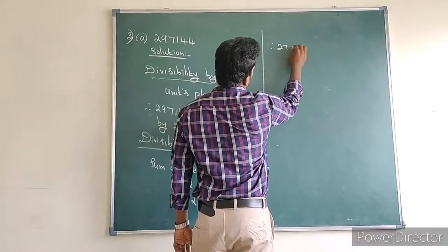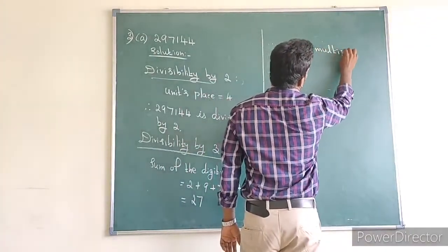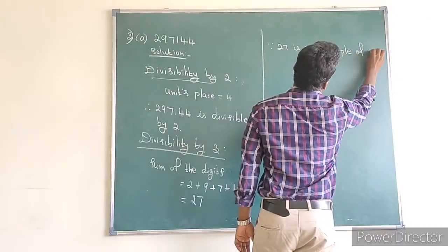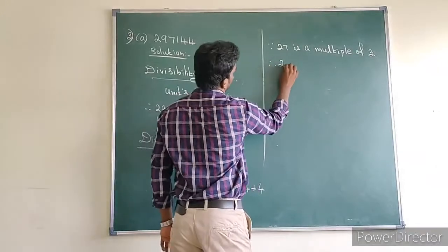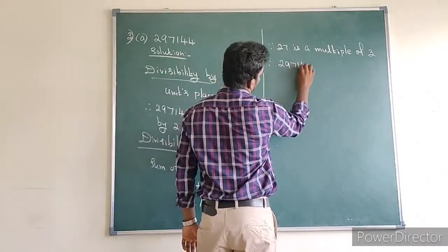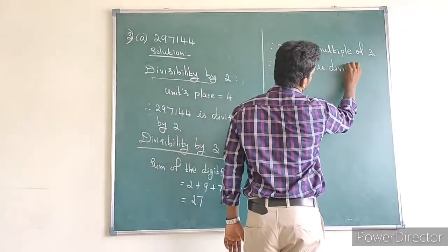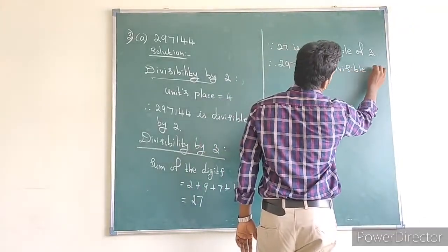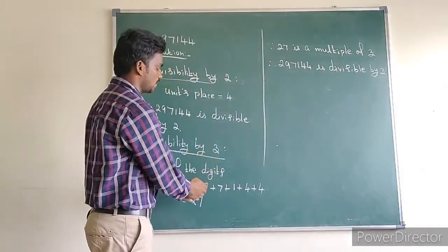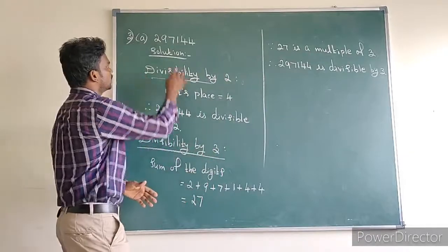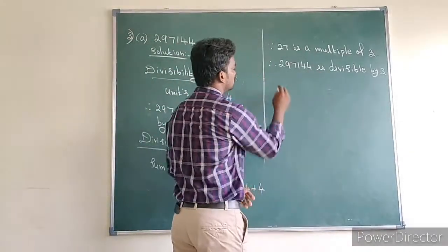Since 27 is a multiple of 3, therefore 297144 is divisible by 3. If the sum of the digits is a multiple of 3, the given number is divisible by 3.